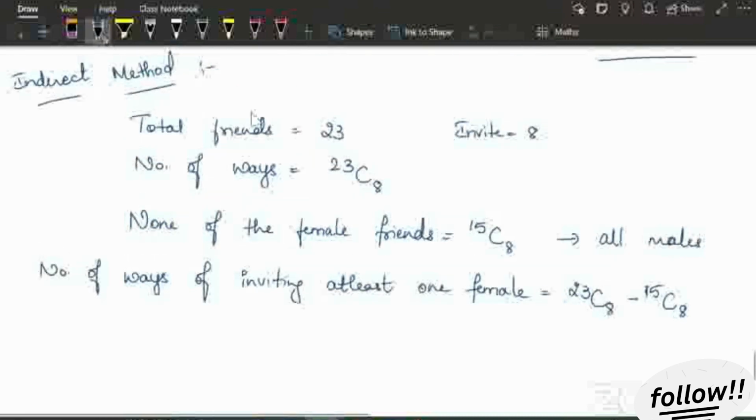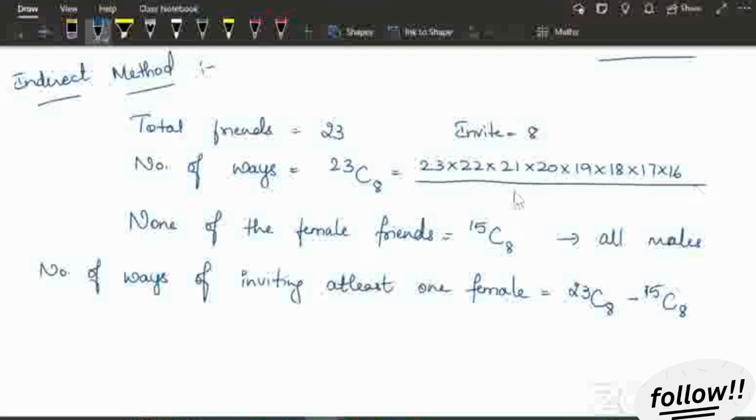This is 8 numbers we need to write, which is 23 into 22 into 21 into 20 into 19, 18, 17, 16. Right? 1, 2, 3, 4, 5, 6, 7, 8 divided by 8 factorial, or you'll just write everything: 8, 7, 6, 5, 4, 3, 2.